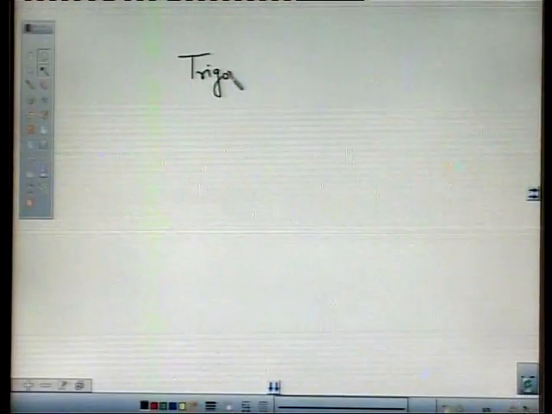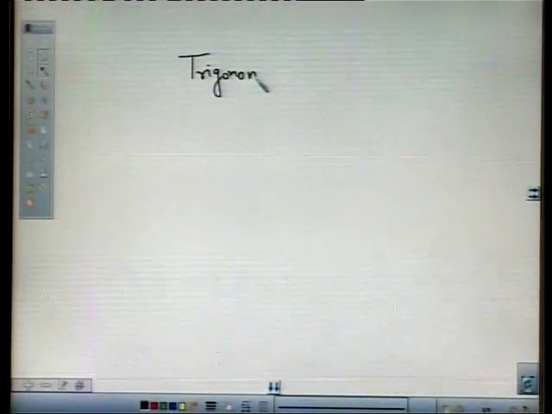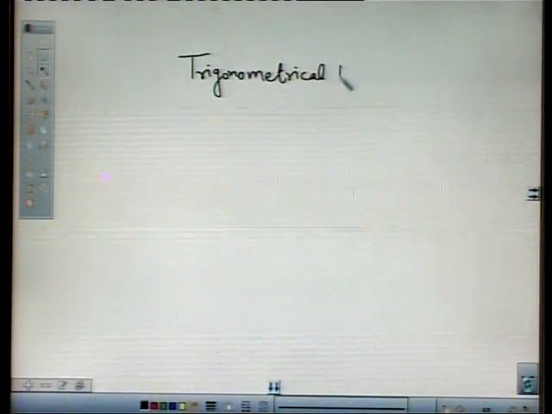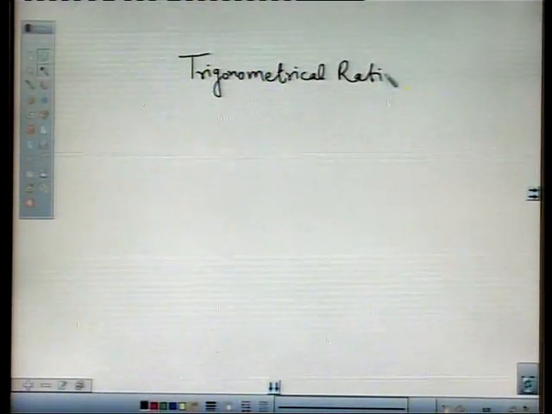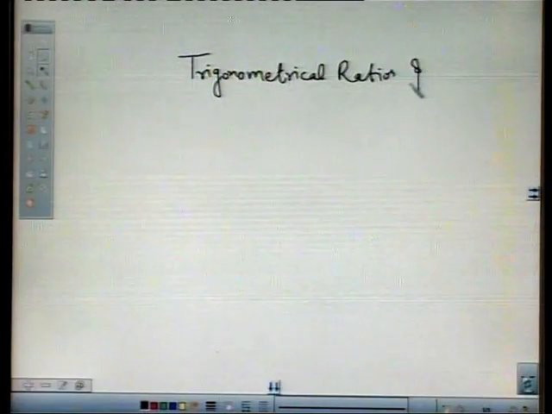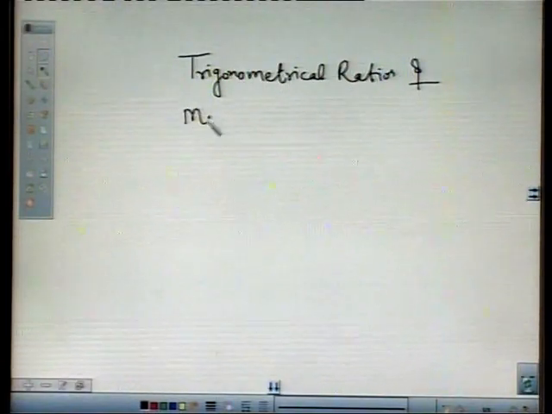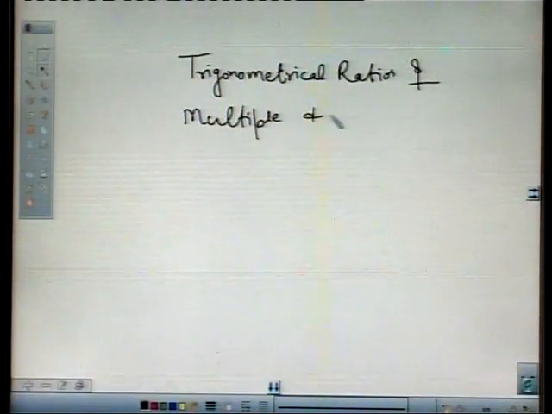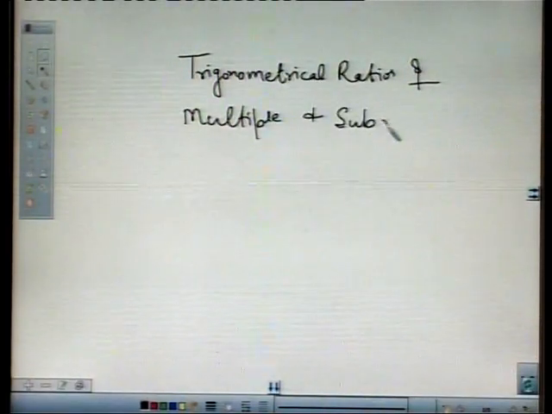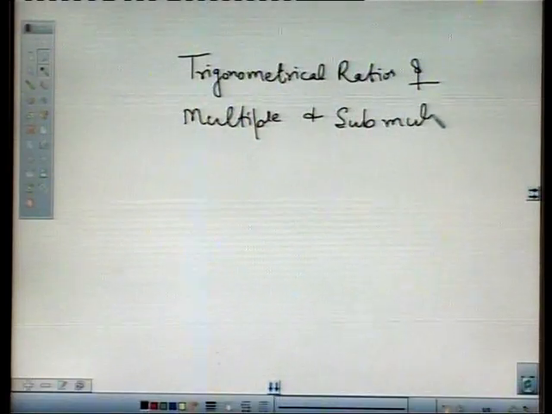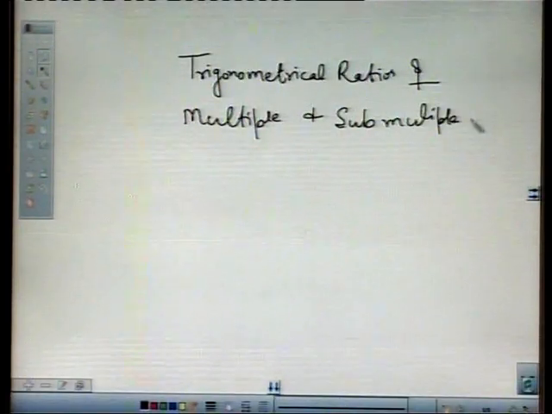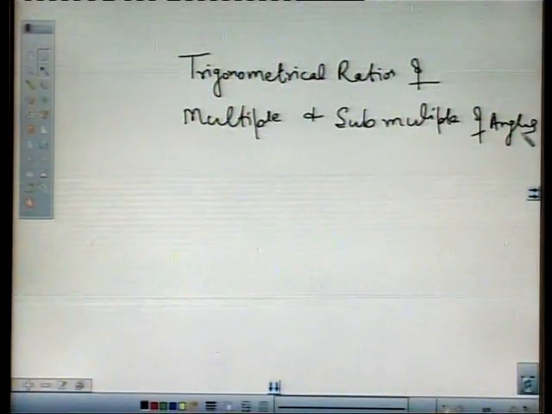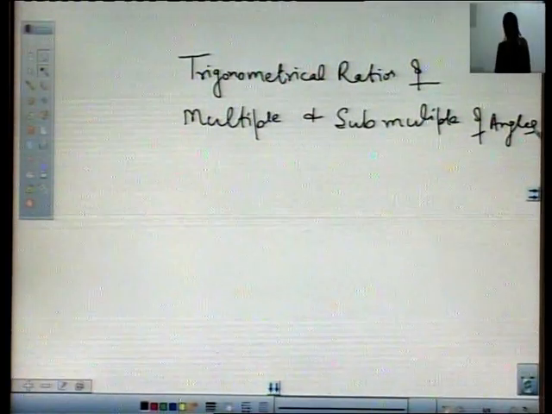Topic is trigonometrical ratio of multiple and submultiple of angles and their problems also.